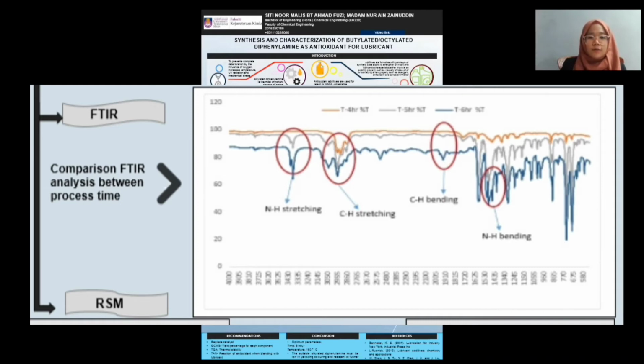All functional groups which are significant for formation of BODPA are present, such as NH stretching, CH bending, and NH bending. But infrared spectrum does not provide information on molecular fragments. Therefore, another technique is needed to provide a more complete picture of the molecular structure and composition of the sample.